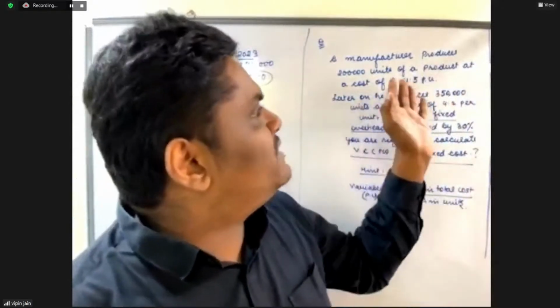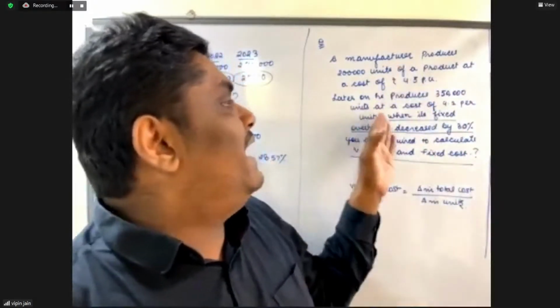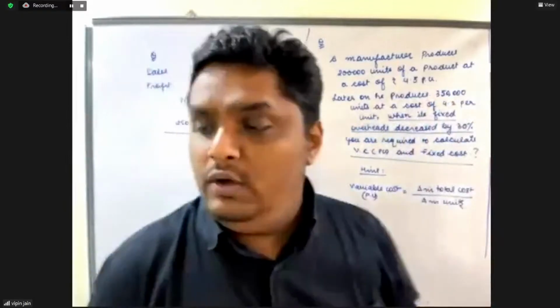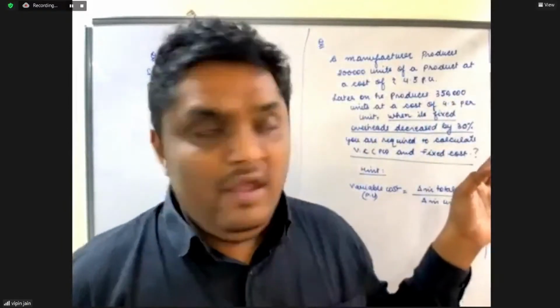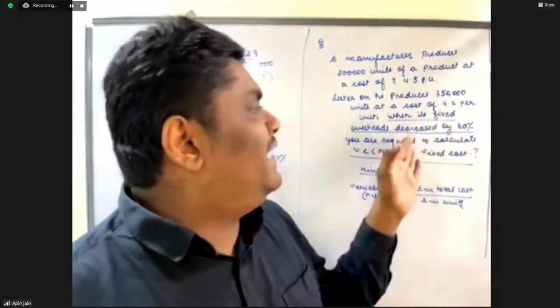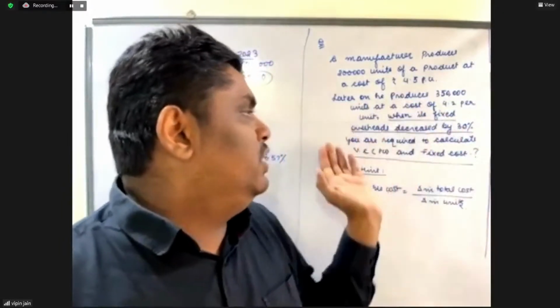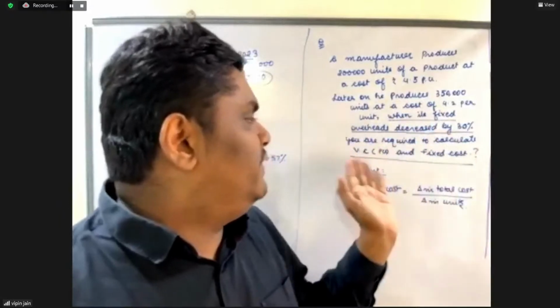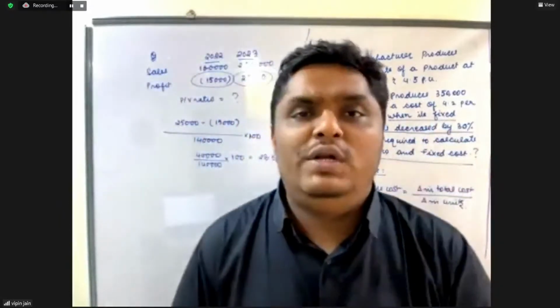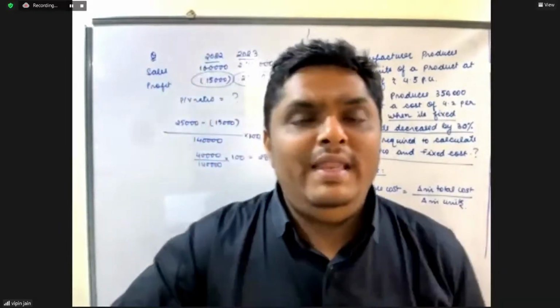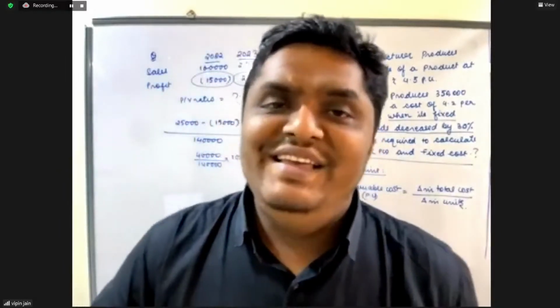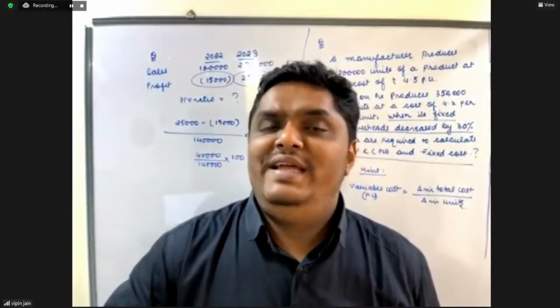Later on, he produces 3,50,000 units at a cost of 4.2 per unit. When its fixed overhead decreased by 30%, you are required to calculate the variable cost per unit and the total fixed cost. So this is the homework for you guys. Again, the question is not that easy. It's a bit on the trickier side.